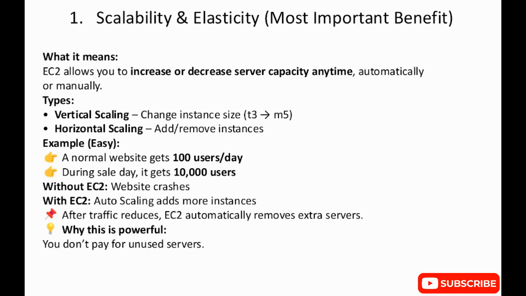You don't pay for unused servers. This is the most important benefit you can keep in your mind: you only pay for how much you have used. Unused servers, you need not pay for. So this is the benefit of EC2.